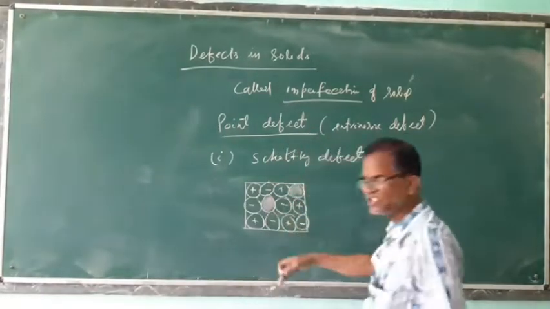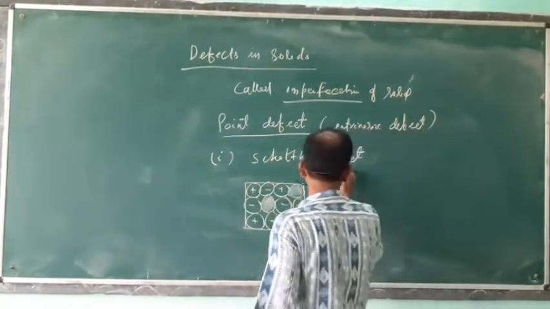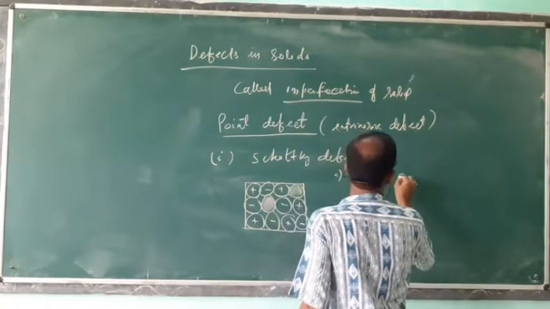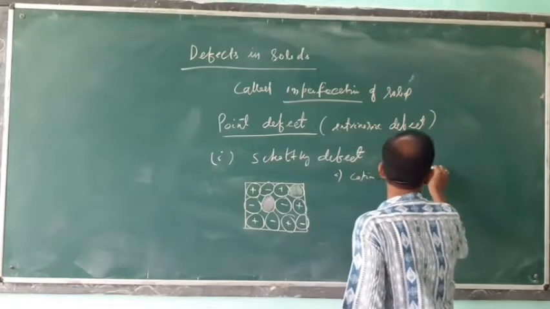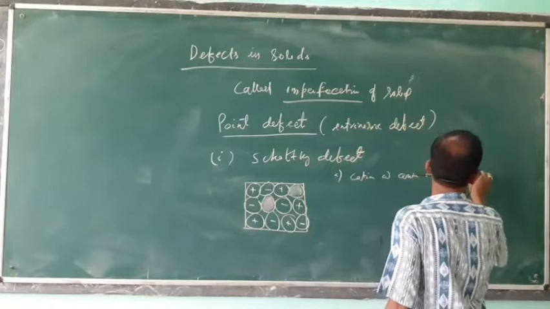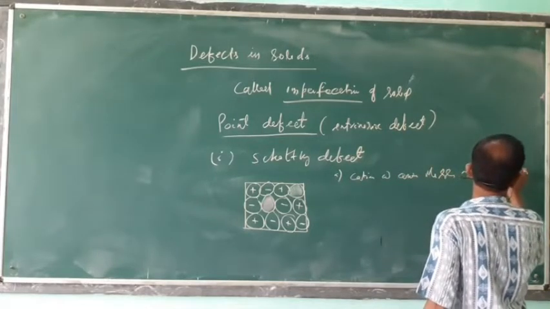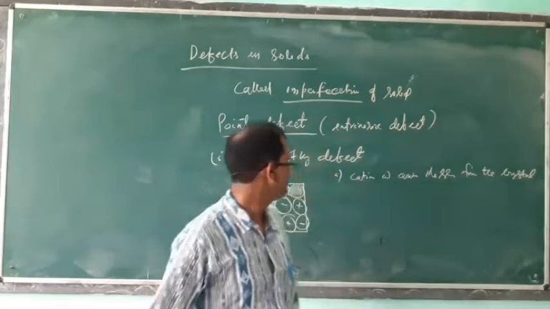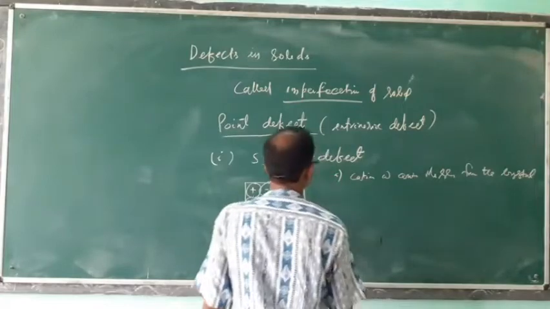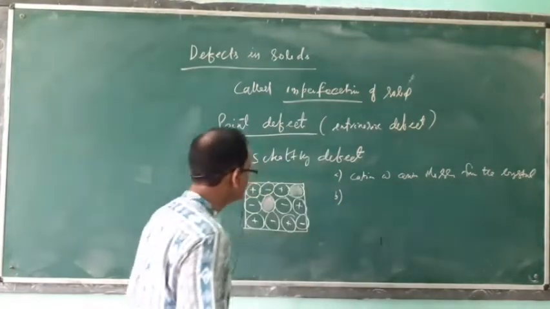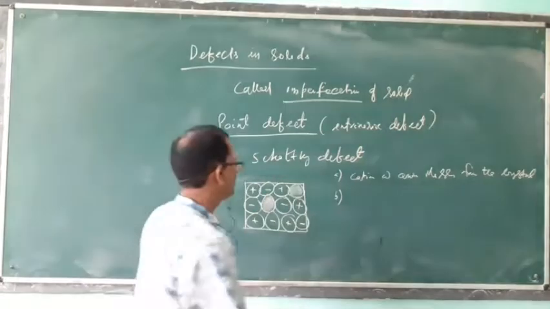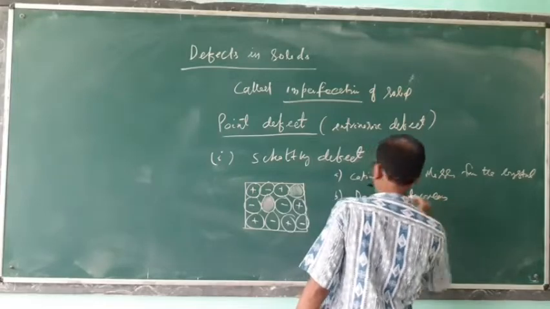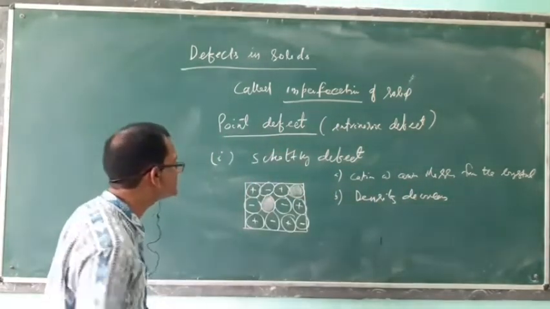So what are the characteristics of these solids? First one is the same number of cations and anions missing from the crystal. Second, as they are completely removed, density decreases.